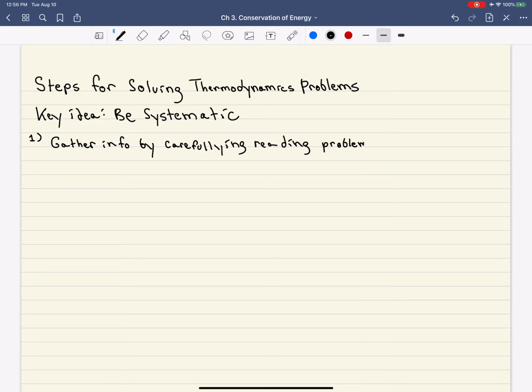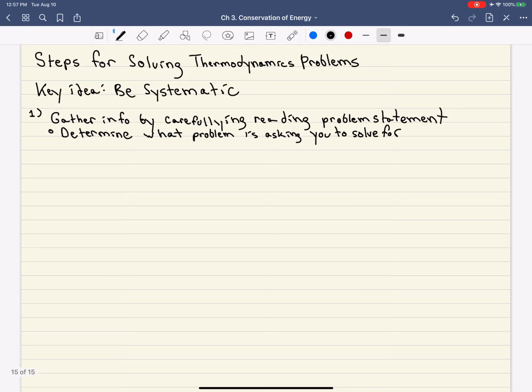More importantly, you need to figure out what exactly the problem is asking you to solve for. Whether it's asking you to solve for pressure, temperature, or some sort of change in internal energy, whatever it's asking you to solve for, you need to identify that first. Determine what the problem is asking you to solve for.